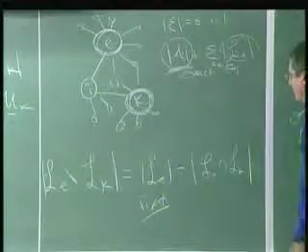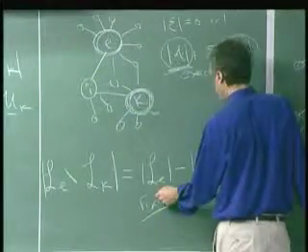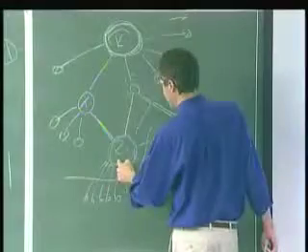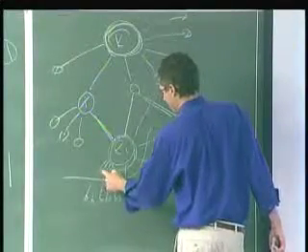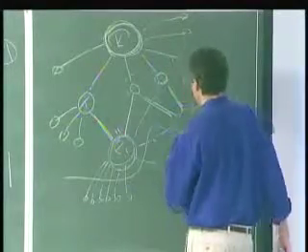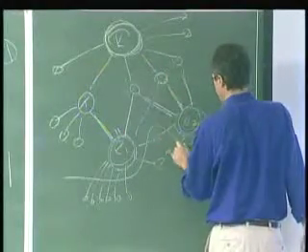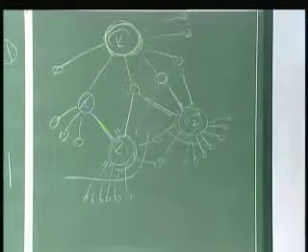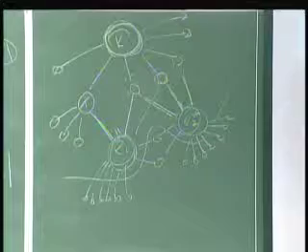If I start with this number here, let me annotate the graph with that number. What is the degree of E1? It's 1, 2, 3, 4, 5, 6, 7, 8, 9, 10, 11. And E2 is 1, 2, 3, 4, 5, 6, 7, 8, 9, 10, 11, 12. What I really want to know is the number here.